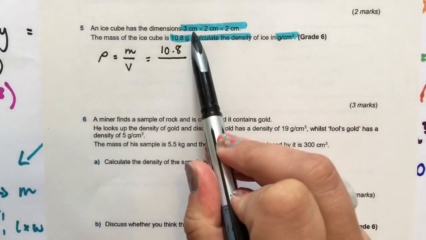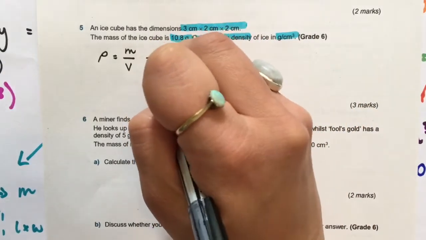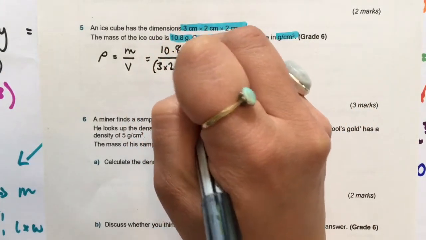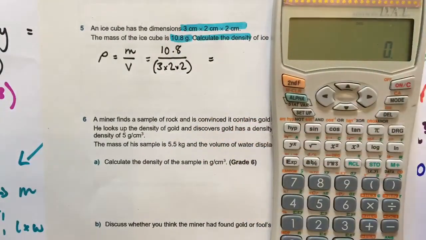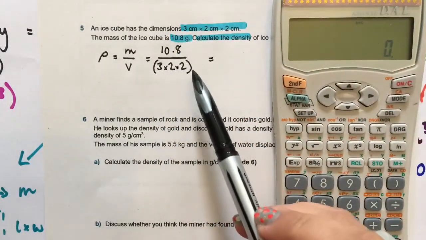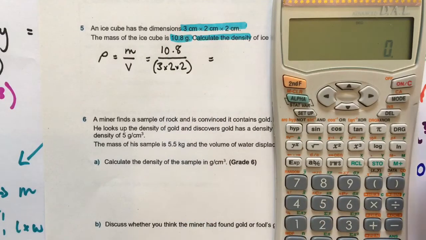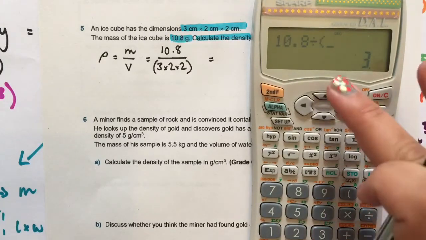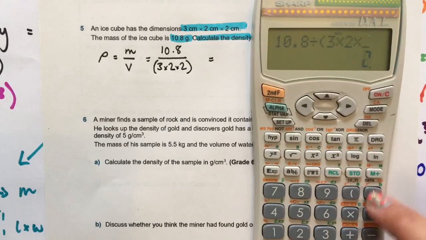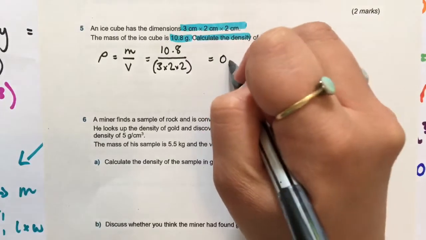And the volume is 3 times 2 times 2. So we could just put that in brackets and just calculate like this. You just need to make sure that the brackets are there, because otherwise your order of operations might mess things up on your calculator. So 10.8 divided by, open brackets, 3 times 2 times 2, close brackets, equals 0.9 grams per centimetre cubed.